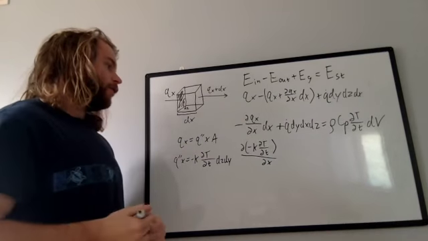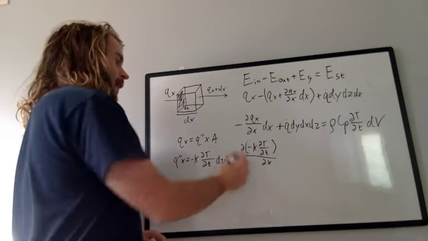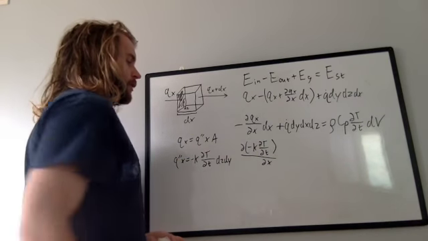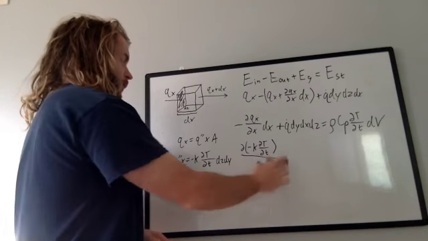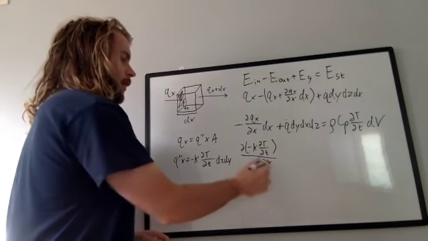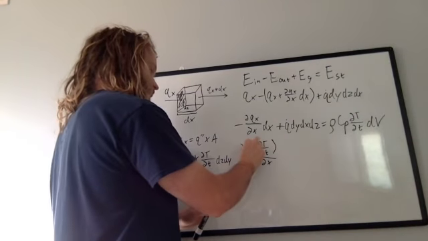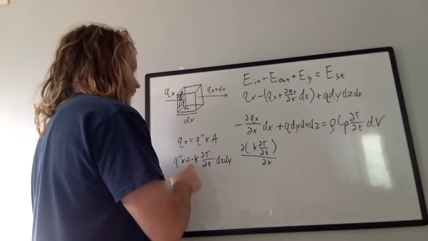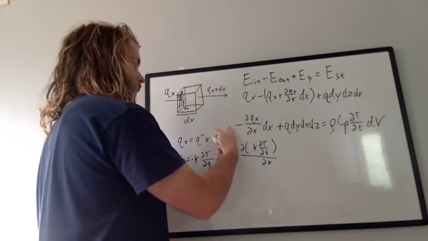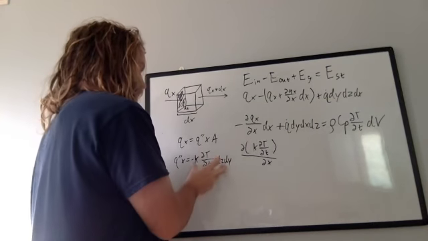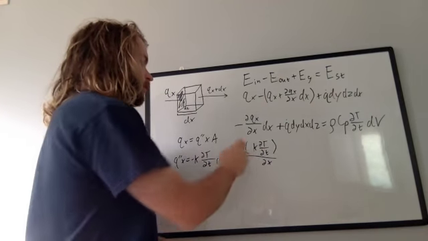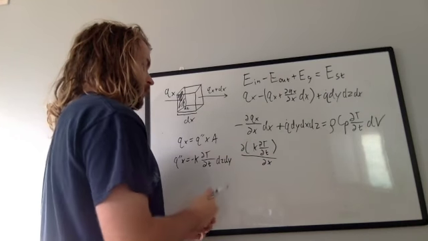Alright, our next move is going to be to bring this k out of our differential equation, because that is not going to be changing with relation to any of this. So we can go ahead and bring that out. And I don't think we should have this negative in here because this is just that negative, and that cancels out with our negative from the start of the equation before we substituted this in for Qx. So we can erase that and just bring the k out.